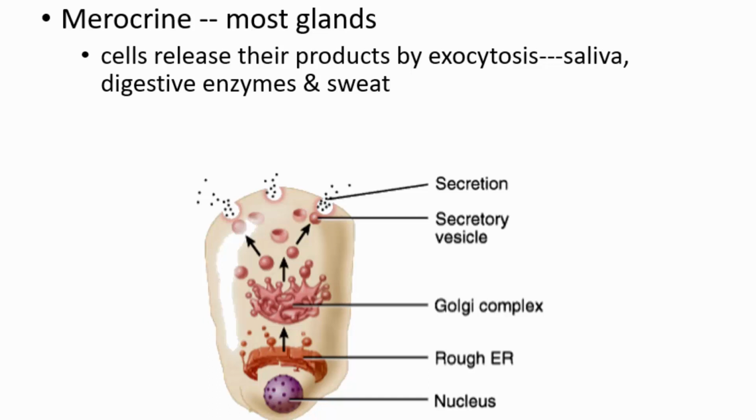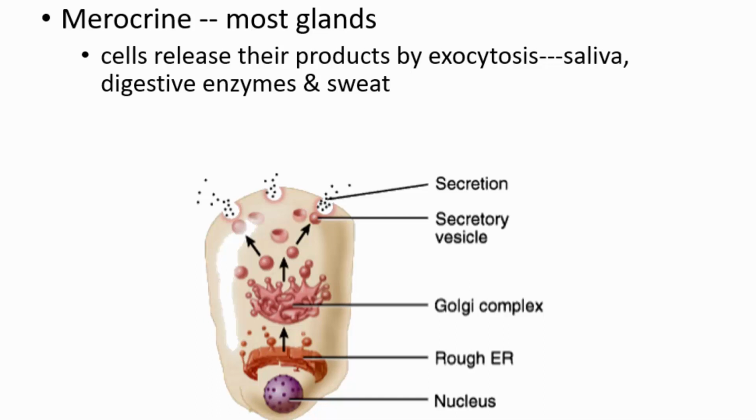And why they call it that, I have no idea. But basically, when you perspire, that watery sweat evaporates and you get this evaporative cooling effect, as long as you don't live in a humid area. So this type, again, is through exocytosis, where the proteins are made in the rough endoplasmic reticulum.